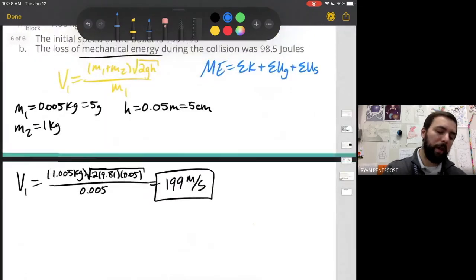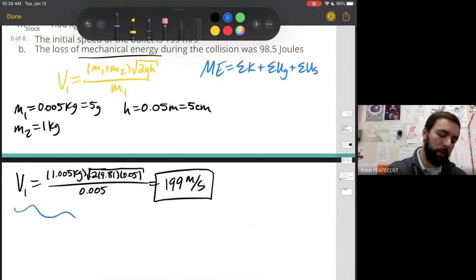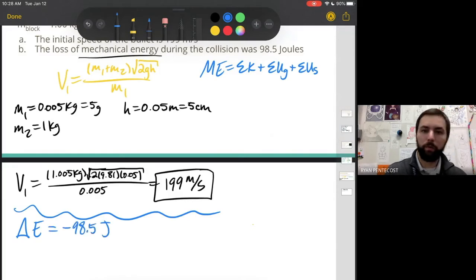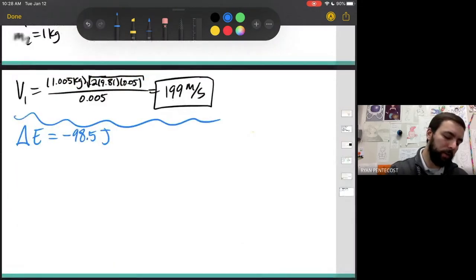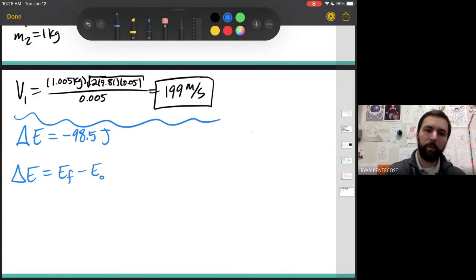Now, we have a mechanical energy loss. This says that the change in energy equals negative 98.5 joules, right? That's what your colleague claims. To find the change in energy, delta E would just be the final minus the initial.